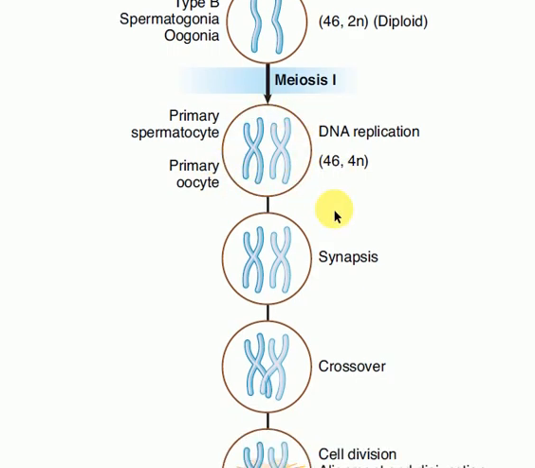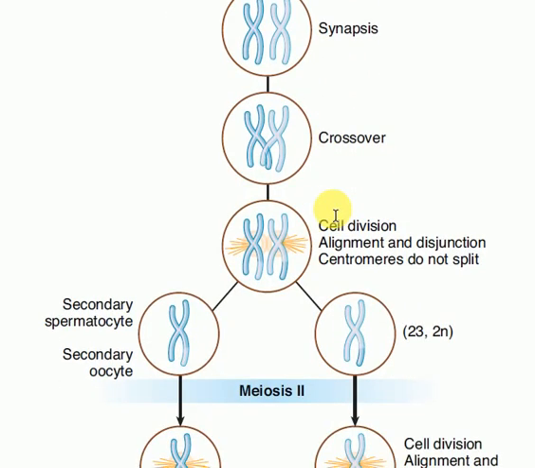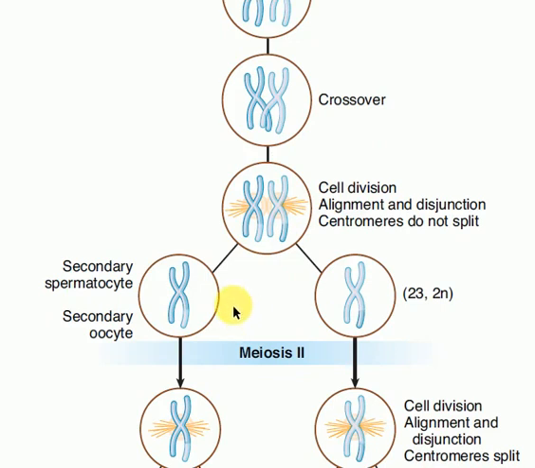gets unarrested and it goes through the first meiotic division as shown here and gives the first polar body and a secondary oocyte. And this secondary oocyte is what is ovulated.